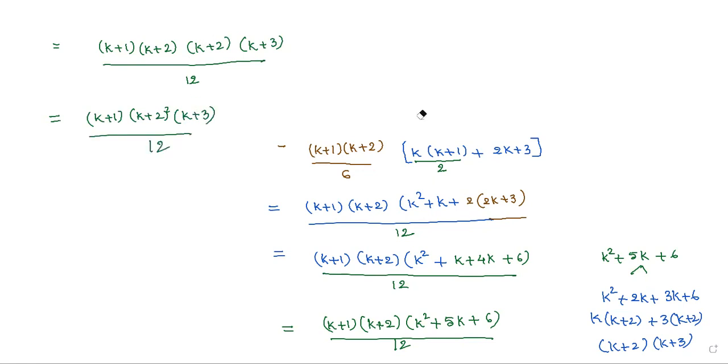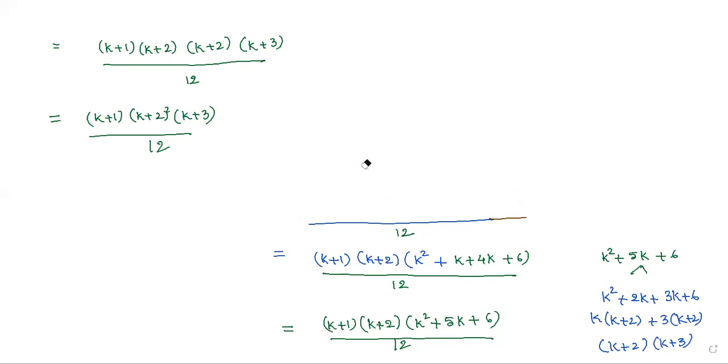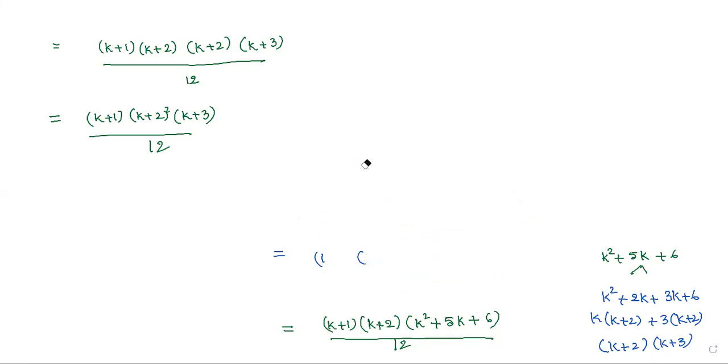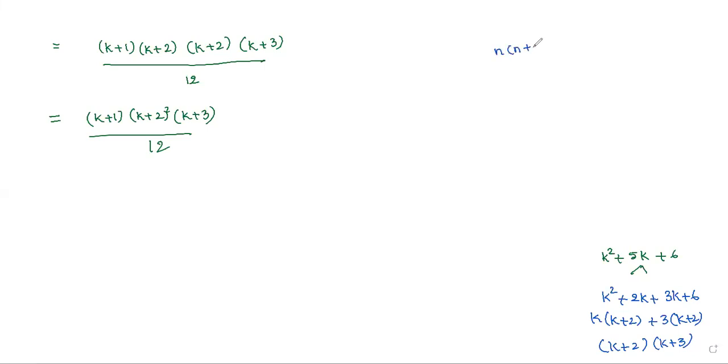So what is RHS? The RHS is n into n plus 1 whole square, n plus 2 by 12. So n replace k plus 1. Yes, correct. N plus 1 whole square means k plus 2. How to write? K plus 1 plus 1 whole square.